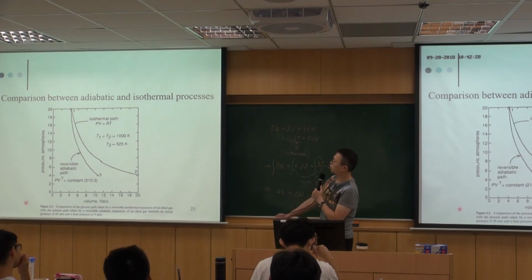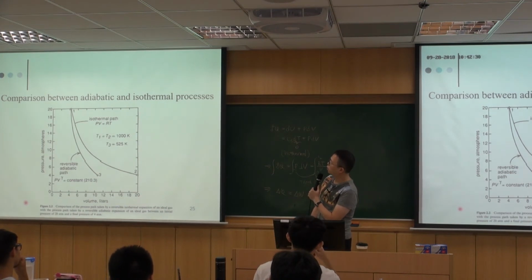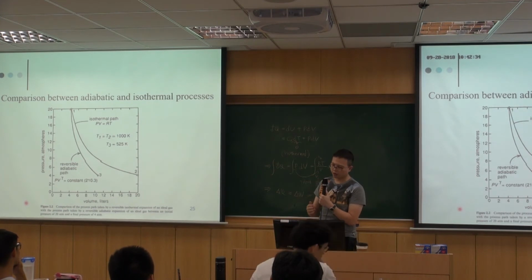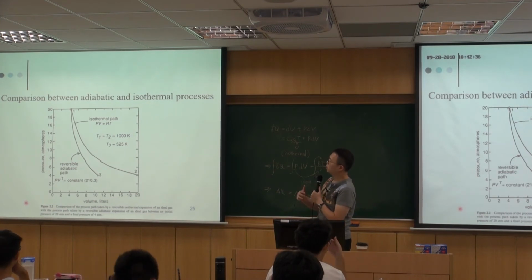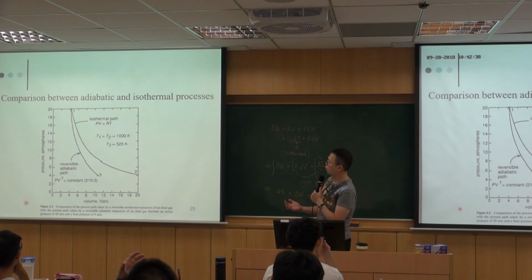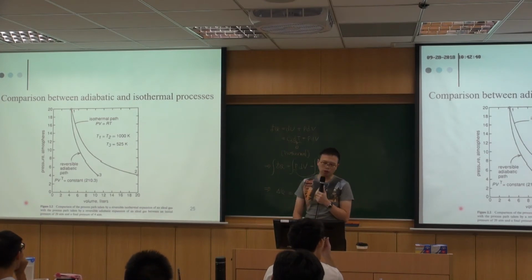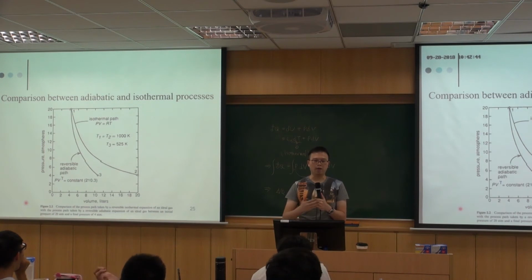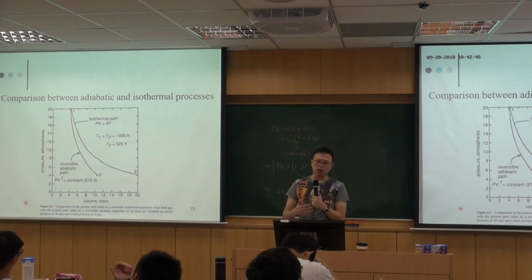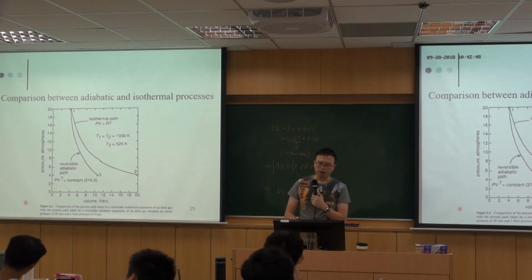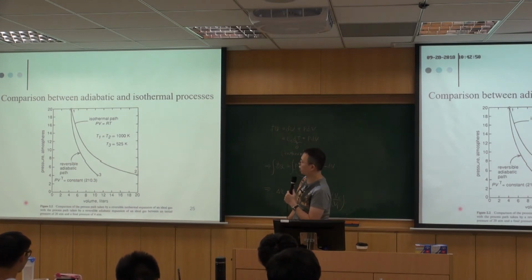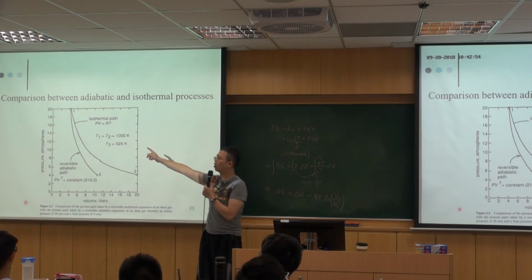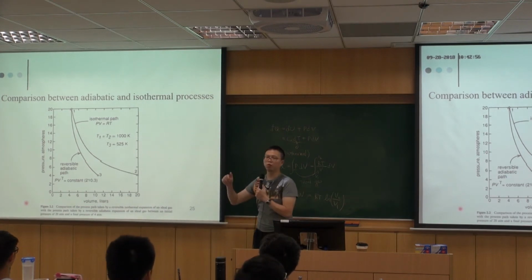And here is an important figure which shows the difference between isothermal process and adiabatic process. Typically, when we draw this, we want to show that there's an expansion in terms of volume, such that we have a positive work done by the system. Of course, we can do that in reverse. For instance, we can start from this point and then go backwards. But typically, we don't want to do that.